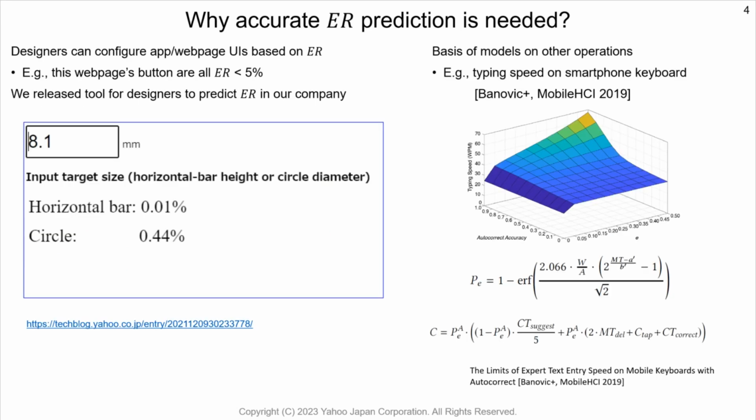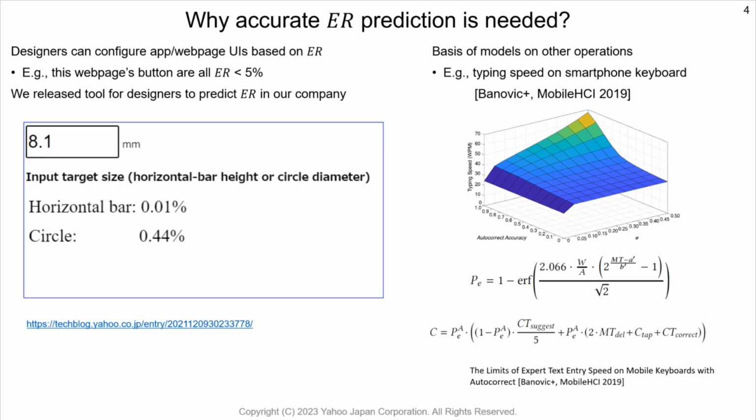The focus of this study is to predict error rates as accurately as possible. Accurate error rate prediction can contribute to user interface designers and researchers. For example, we released this tool for the designers in our company. When they configure UIs in smartphone apps and web pages, they can determine the target sizes based on the predicted error rates.